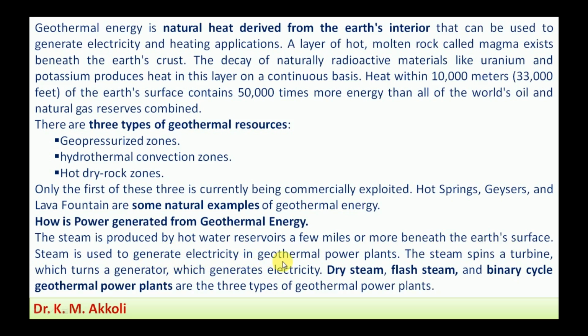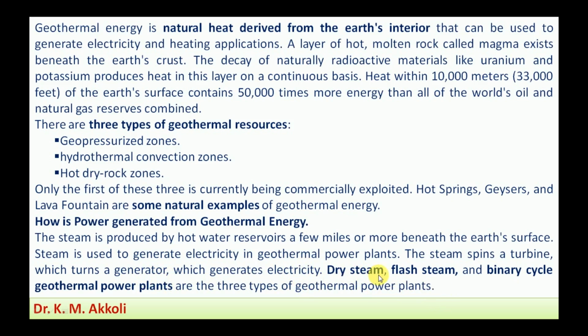Steam is used to generate electricity in a geothermal power plant. The steam coming out, forming here, can be used to generate electricity in the steam power plant. That steam spins a turbine, which in turn runs a generator, which generates electricity.